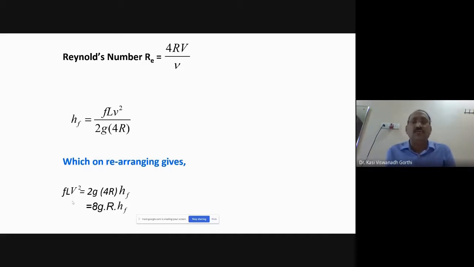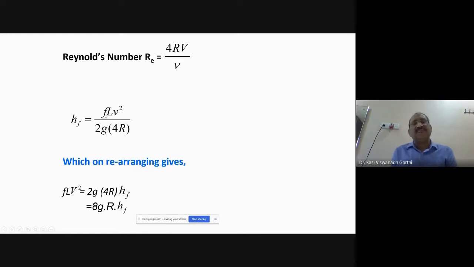So Vd by nu becomes V into D, which is 4R, by nu, so 4RV by nu. And that's the Weisbach equation, hf equal to fLV square by 2gD, the loss of height due to friction. Please note that some other textbooks may be using 4fLV square by 2gD also, where there is a slight difference for the friction factor and friction coefficient.